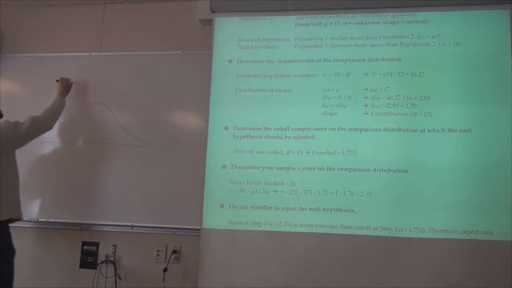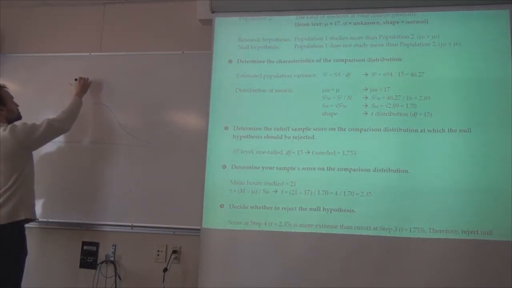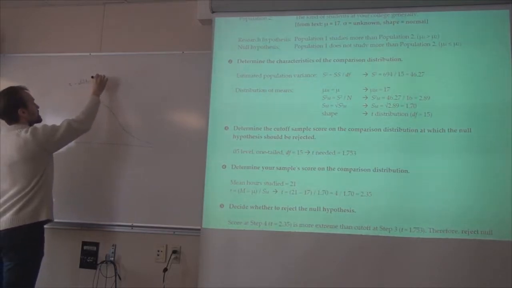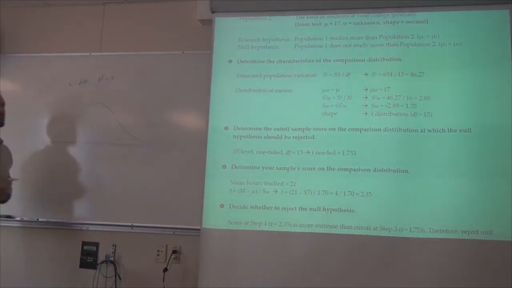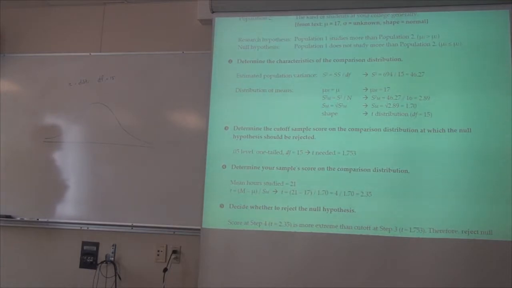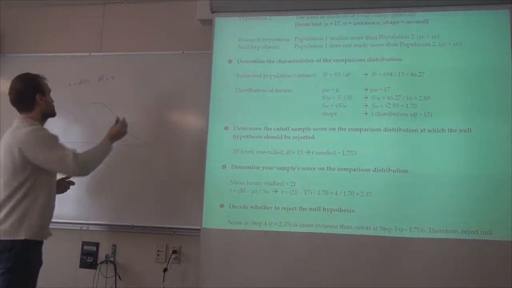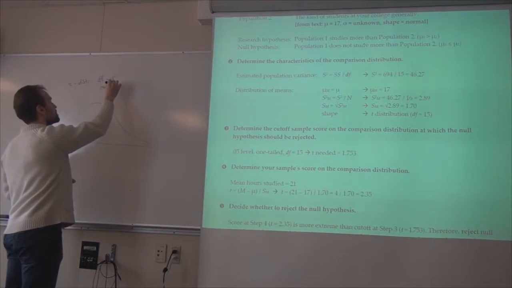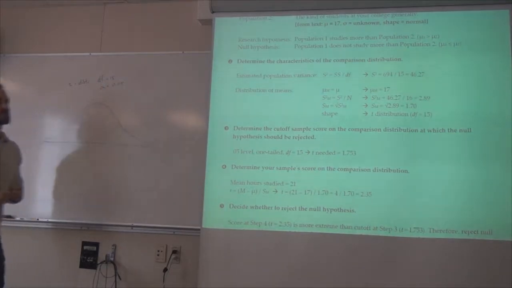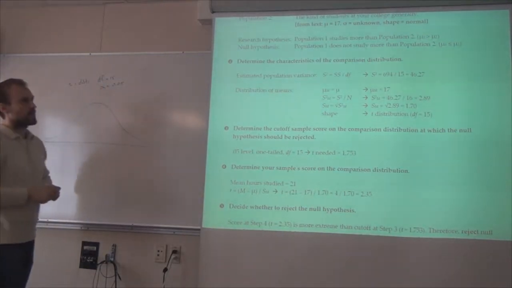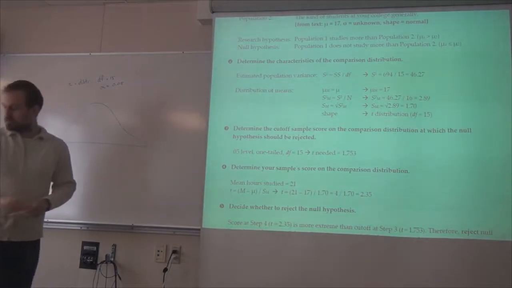So now I have a t-distribution. The degrees of freedom is 15, because that's 1 less than my sample size of 16. I'm deciding on an alpha of 5%, or 0.05. And I looked it up. What are we looking at here?